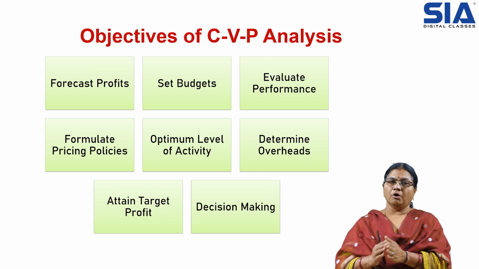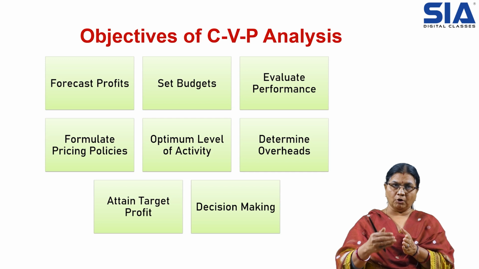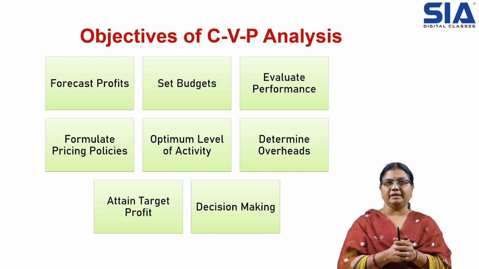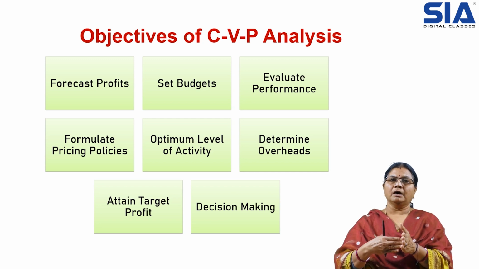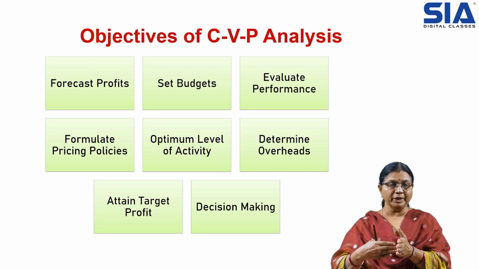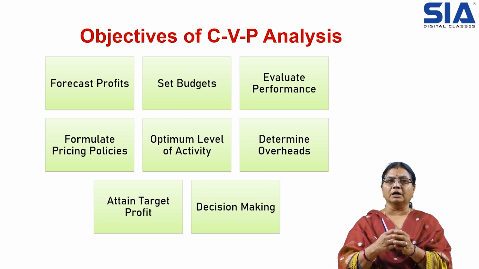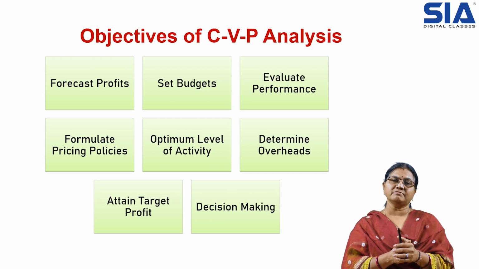How much quantity, amount or sales will be the best level of activity? This analysis will help us; unless we sell that much quantity, we cannot reach the BEP point or earn a certain profit. So the CVP analysis will help us.